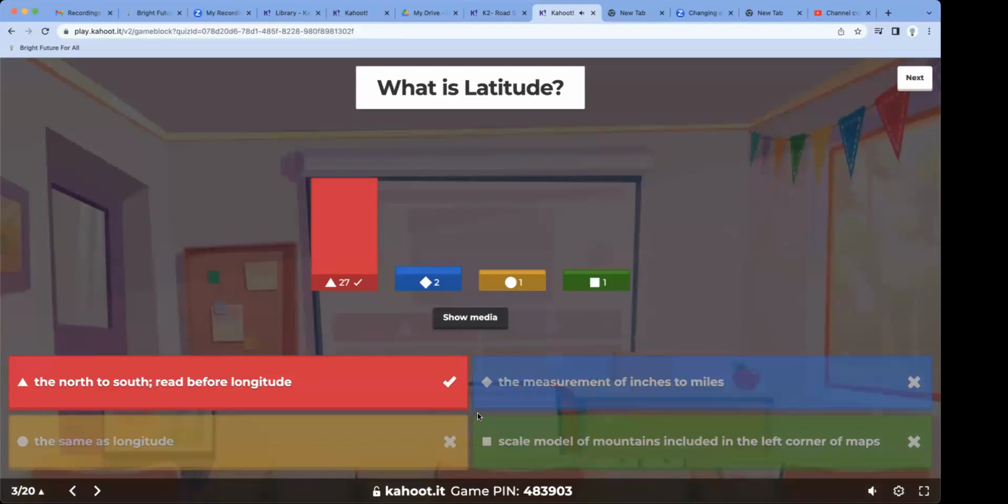Yeah, it's the north to south, right before longitude. We can go next.